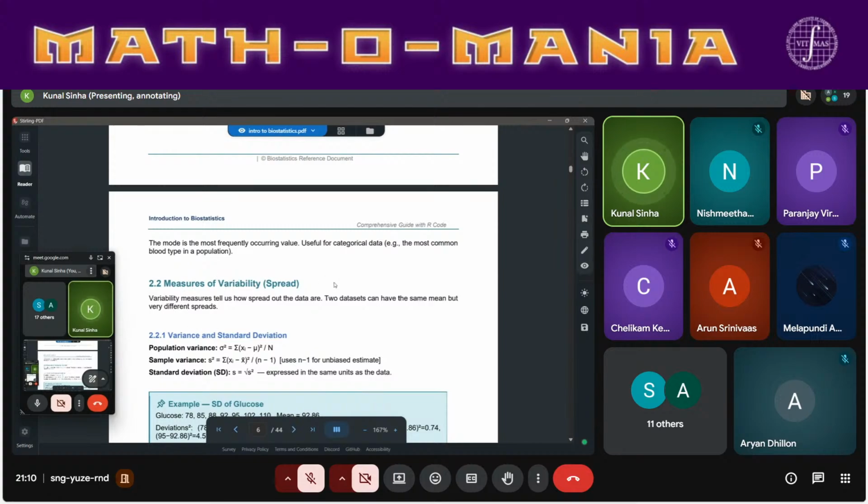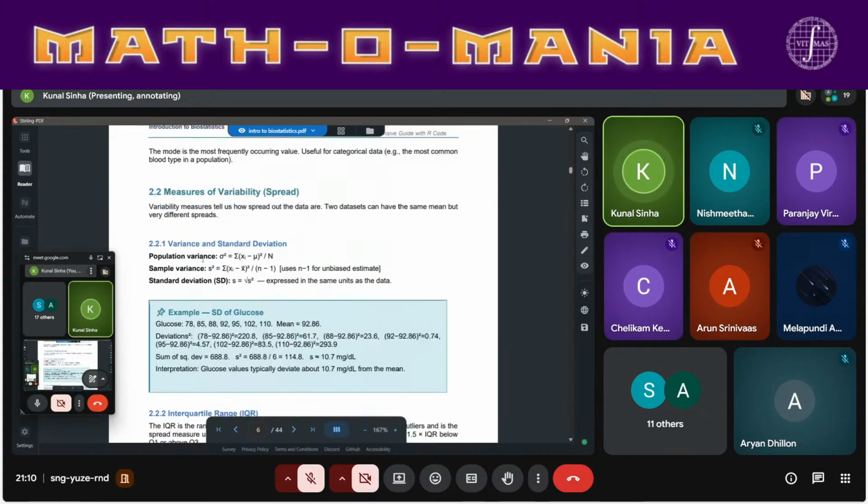Now, measures of variability, this is really important. So variance and standard deviation. Variance is just like the second moment, as you might know, the second moment in the MGF is called variance, and the square root of that is called standard deviation.